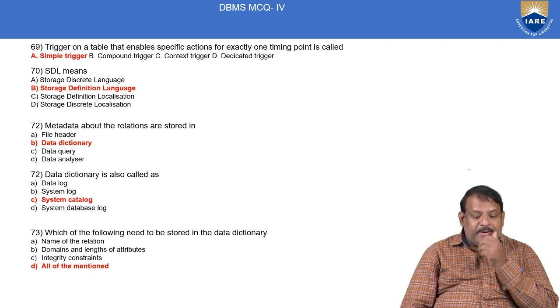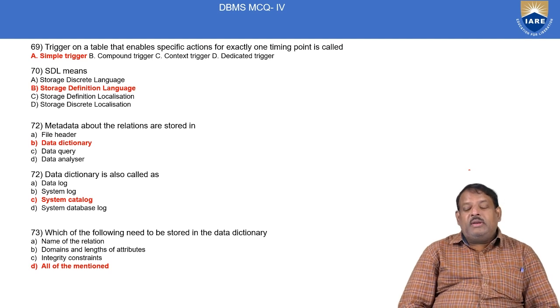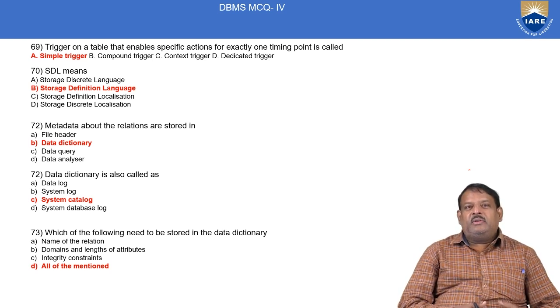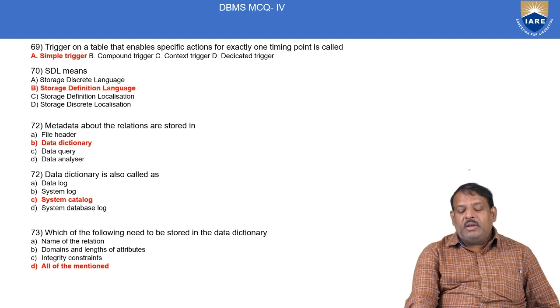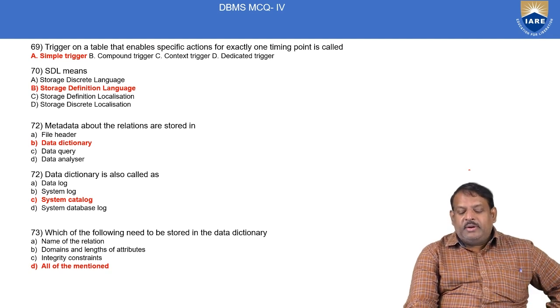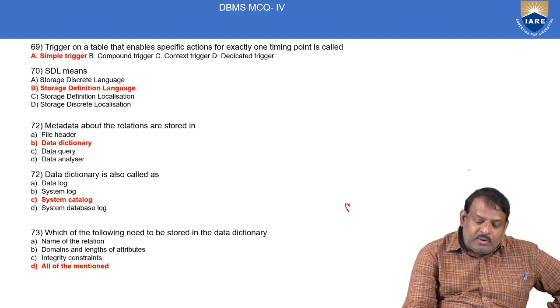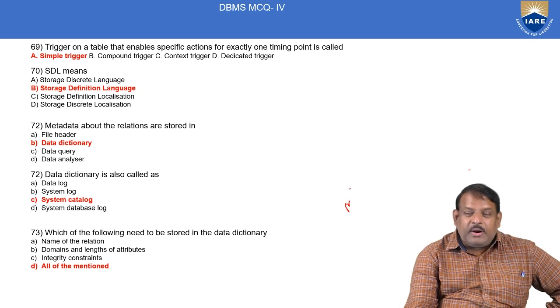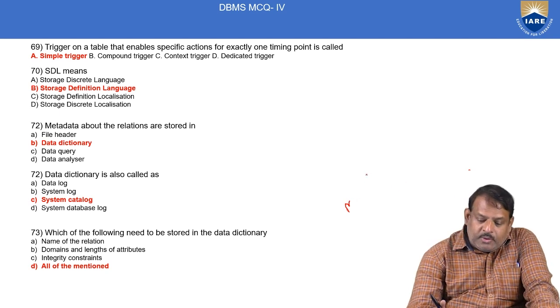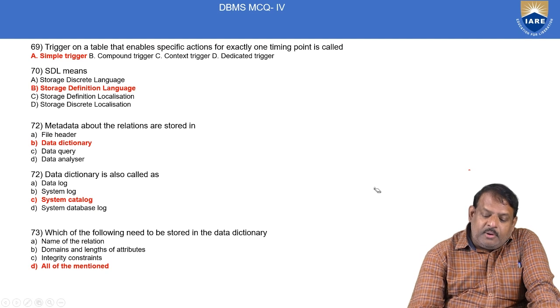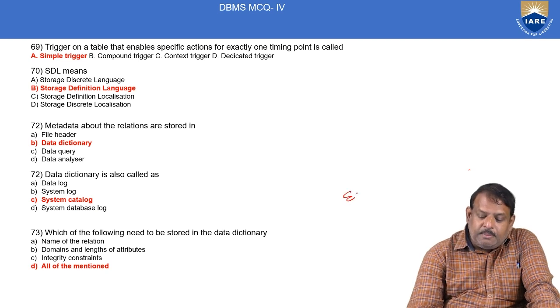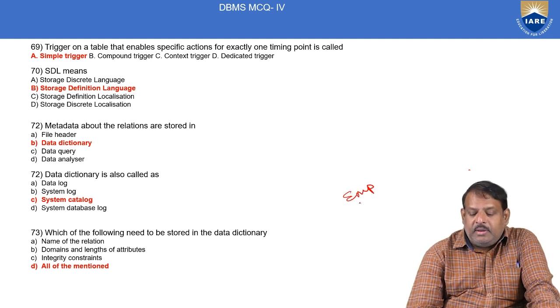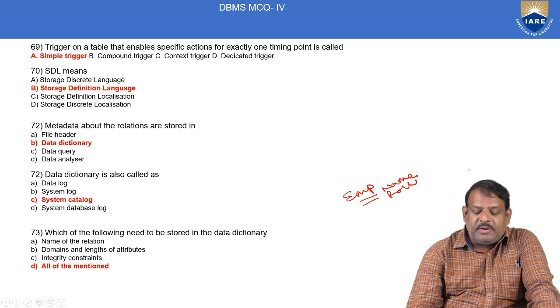The metadata about the relation is stored in the data dictionary. Metadata is data about data. Say you have created a table called EMP having EMP name, roll number, and so on.